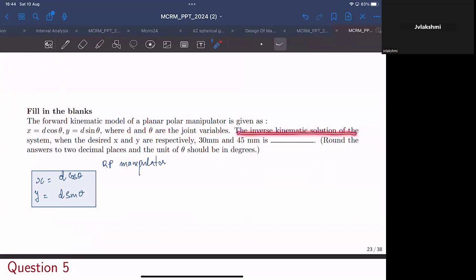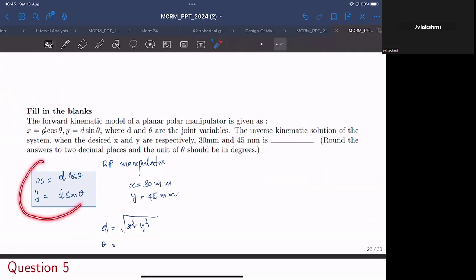So the inverse kinematic solution of the system, when the desired x and y are respectively given as 30 mm and 45 mm. So if x is 30 mm and y is 45 mm, what are the solutions? d is equal to root of x square plus y square. Yes. Theta will be: if you divide these two equations, y by x, this will be tan inverse y by x.